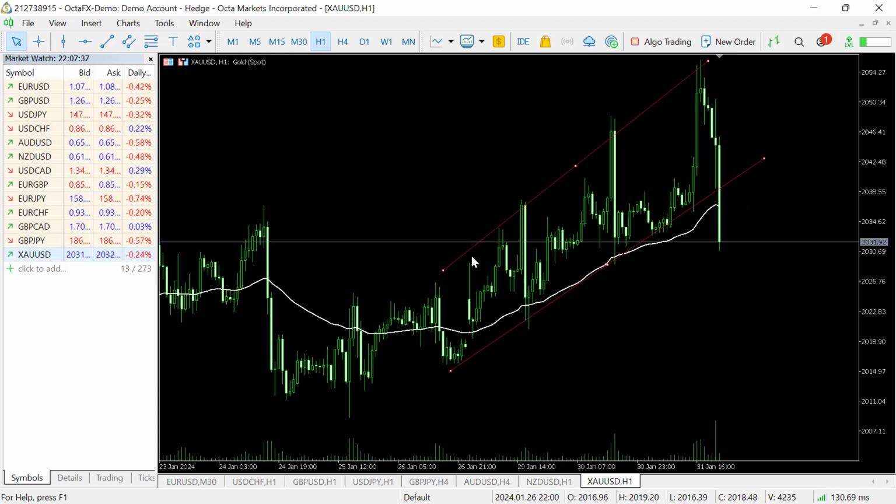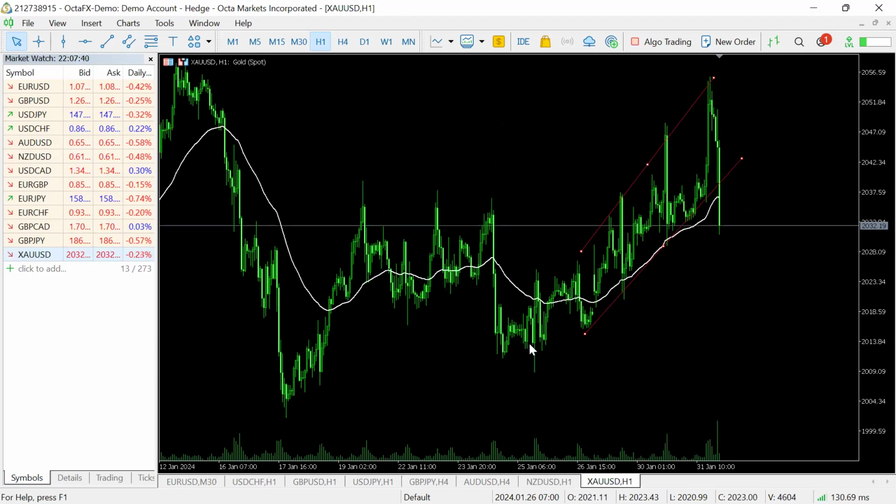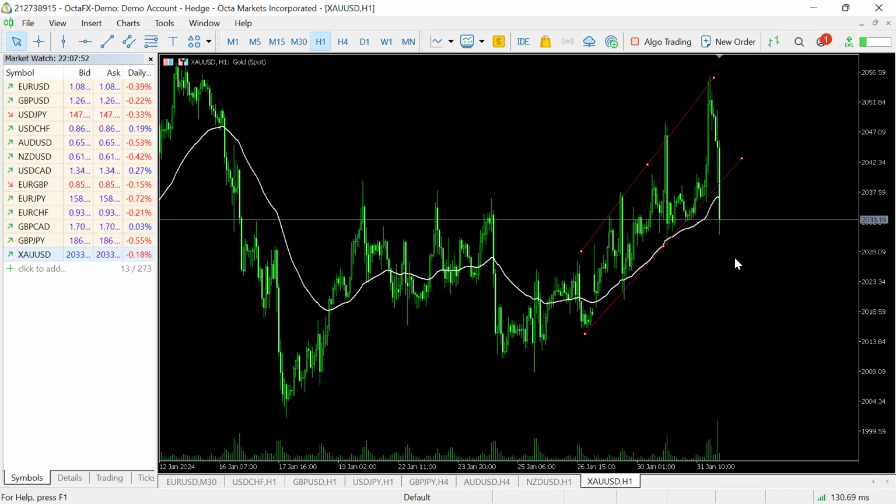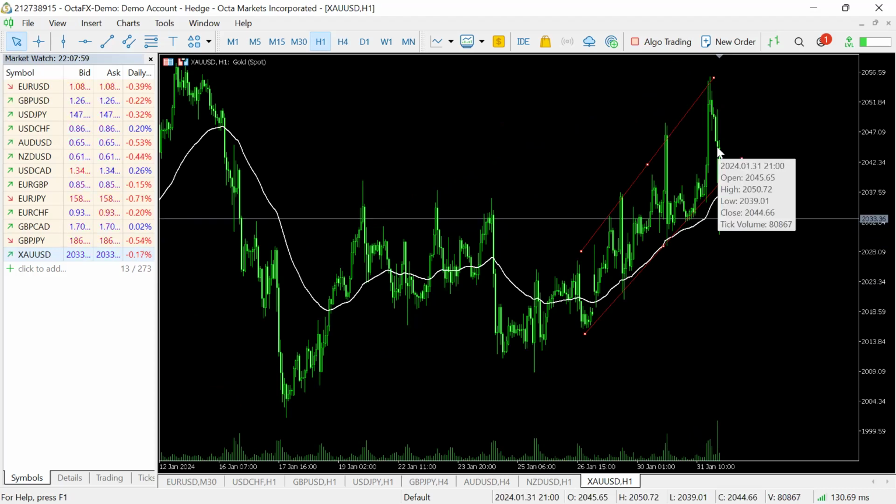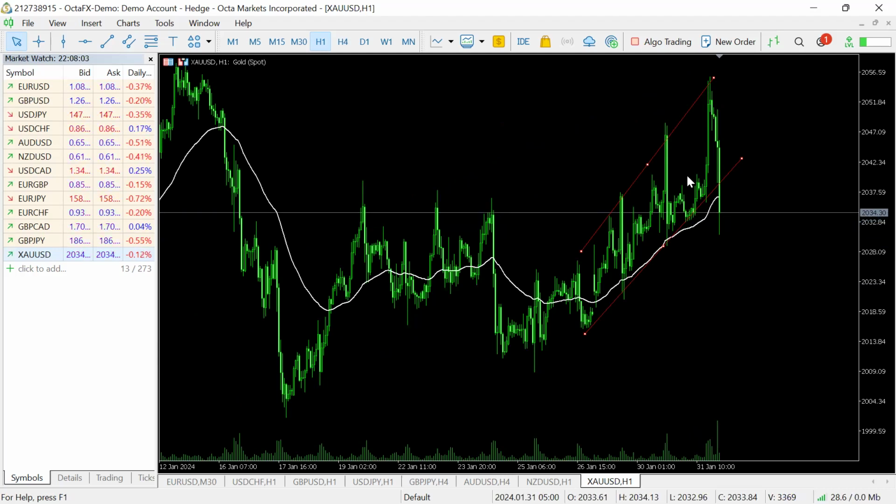For instance, if price was here before and price is now here, it means that price is going up. It has gone up to this point before coming down like this today. This last 1 hour that just ended maybe 1 minute ago is what has come down now. It's a trend, but it doesn't move on straight lines.